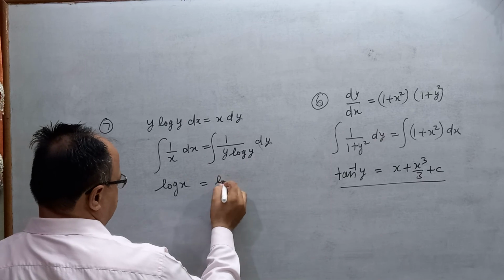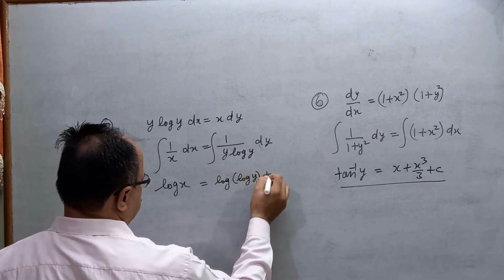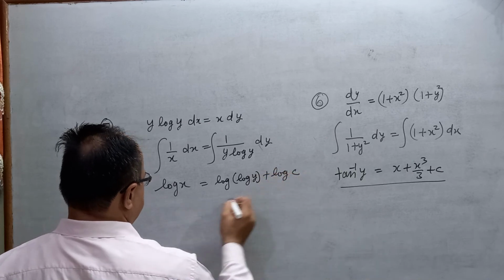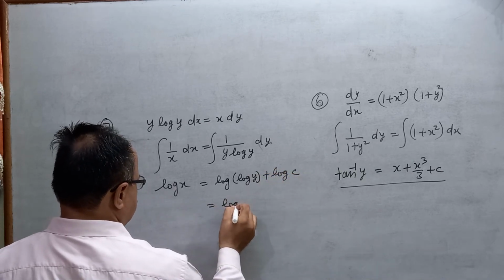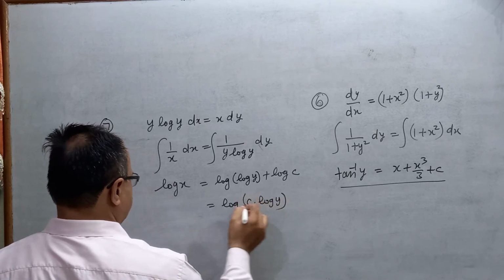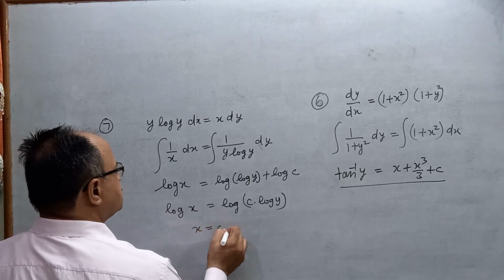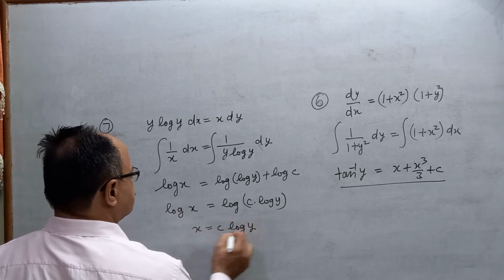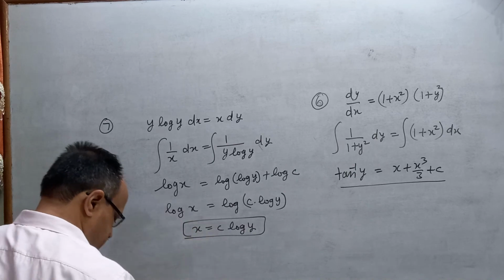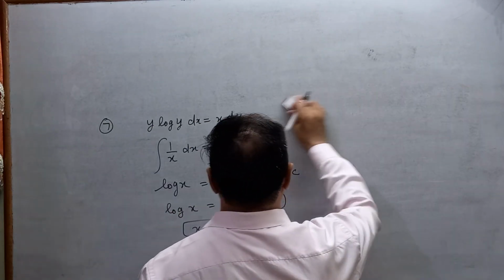Therefore log of log y plus log c, you can say, that is log c into log y. On comparing, x is equal to c log y. This is the answer. Clear?